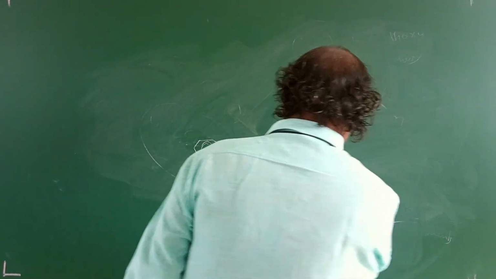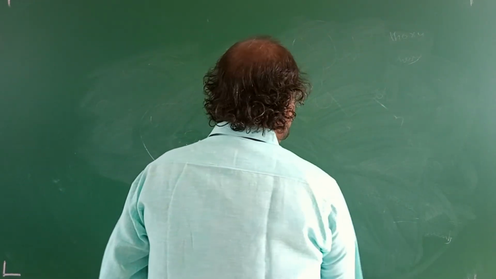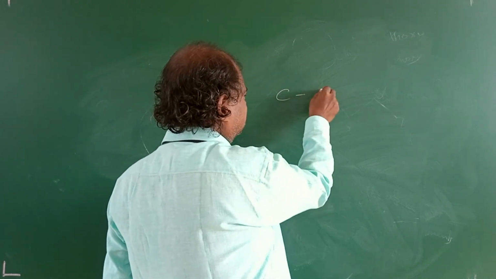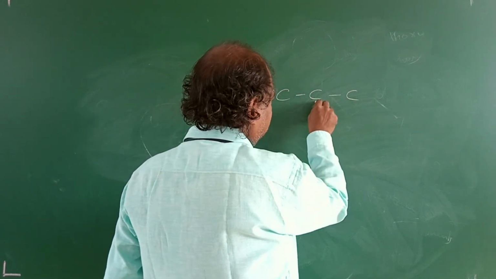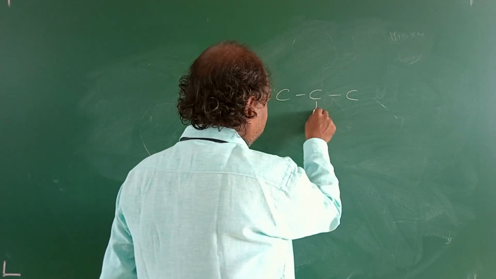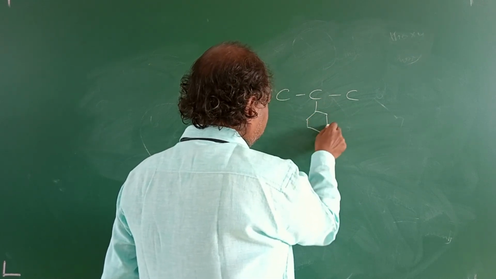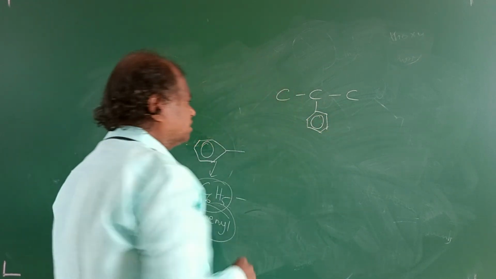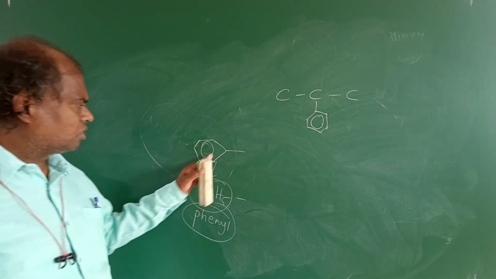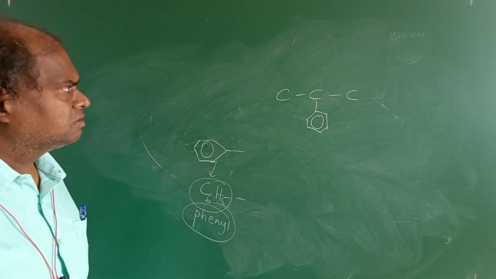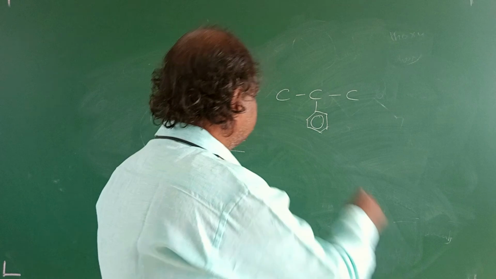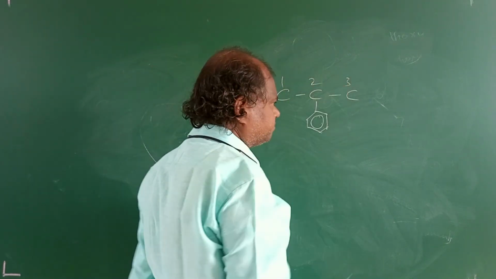One last question we'll take for today. Suppose I draw it like this. This is called benzene, the circle, benzene. Suppose you want to name this. Very simple: 1, 2, 3.